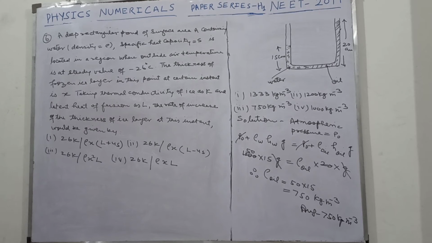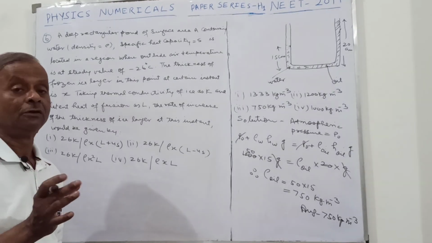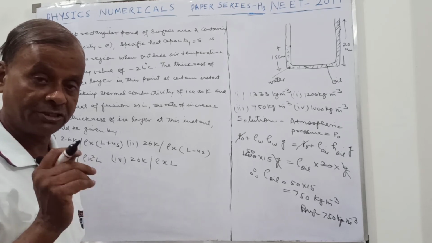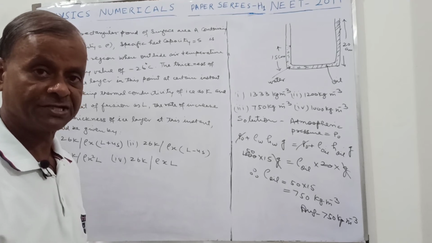This is now the question. What is given here? A deep rectangular pond of surface area A contains water of density rho, specific heat capacity equal to S, located in the region where outside air temperature is at a steady value of minus 26 degrees Celsius. From here you have to understand that the water freezes at 0 degrees centigrade or below the 4 degrees centigrade.